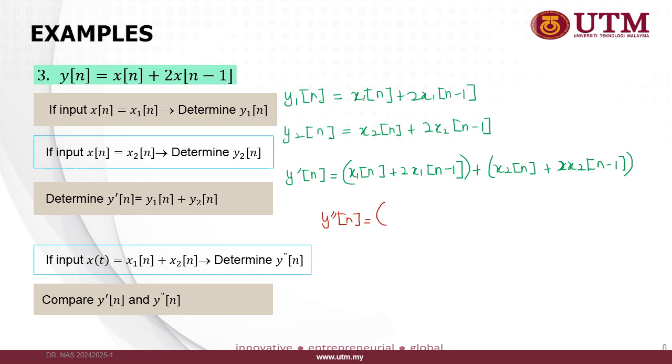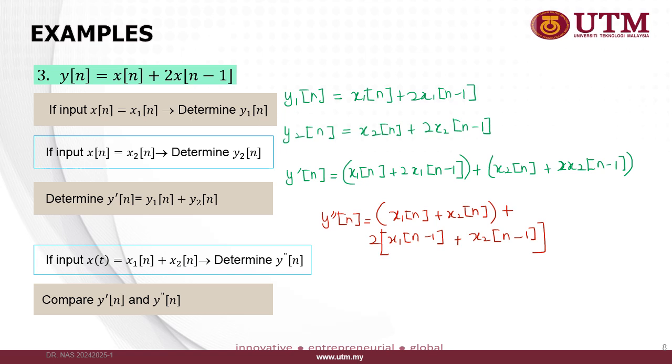So this one is x1[n] plus x2[n], plus 2 times x1[n-1] plus x2[n-1]. So this is your y double prime [n].